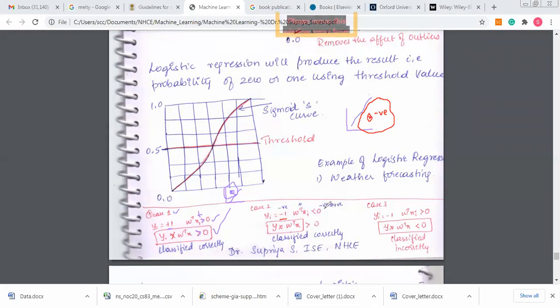Negative into negative is basically a positive term. So when I multiply these two values, I'm going to get a value greater than 0. It is correctly classified.